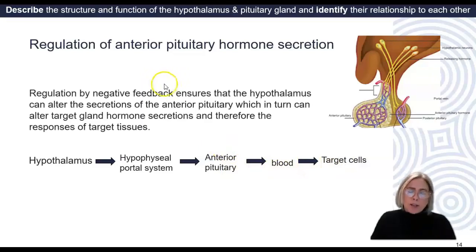So regulation by negative feedback ensures that the hypothalamus can alter the secretions of the anterior pituitary, which in turn can alter target gland hormone secretions and therefore the responses of their target tissues.